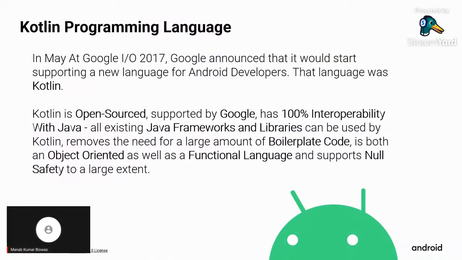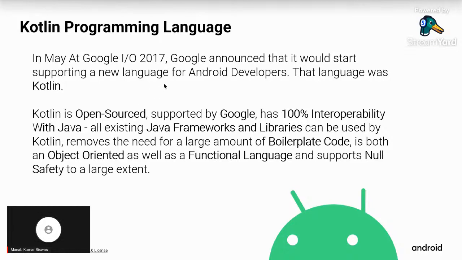So, at Google I/O, many of you might have heard of that, in 2017, Google announced that Kotlin would be their language for Android developers. And there are a few features of Kotlin that I've mentioned here. Kotlin is open sourced. That's one of the most notable strengths about a language.